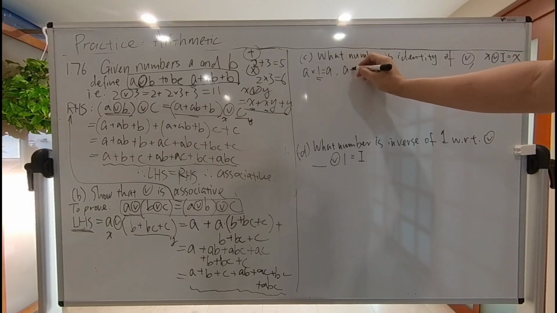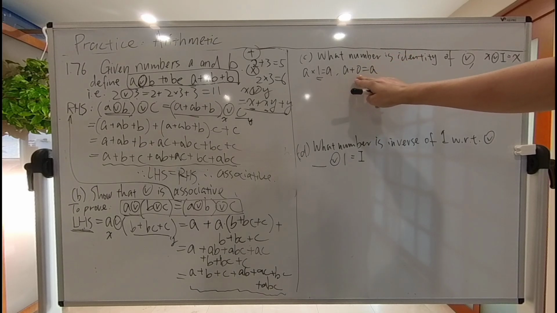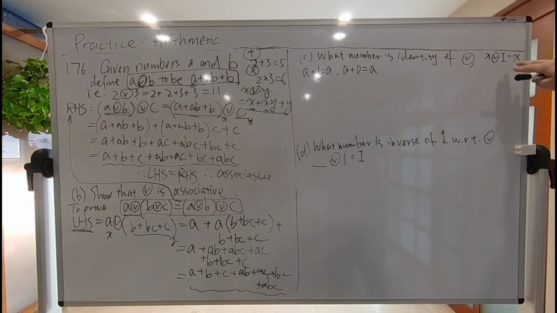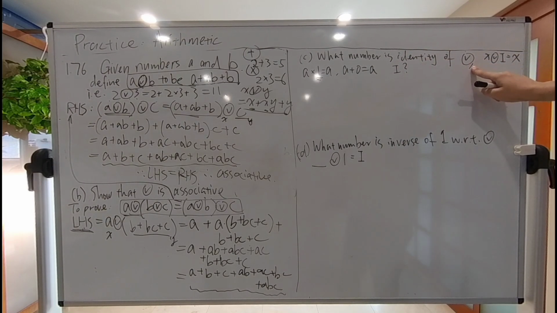Or in addition, 0 is the identity. Now we're looking for the identity in terms of this operator.